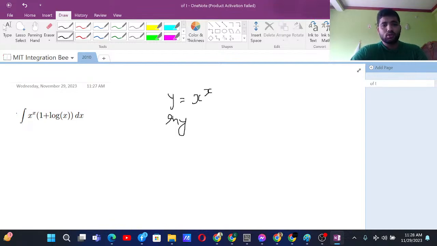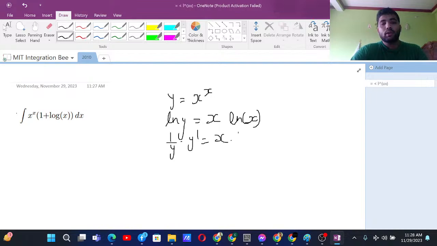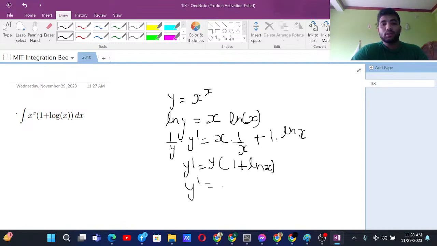So first of all, we can just take log on both sides. So we will have ln y equals x ln x. And then we can just differentiate: 1 by y times y dash equals x times 1 by x plus 1 times ln x. This is product rule. And then we will have y dash equals y times 1 plus ln x, and y is just x to the power x, so y dash equals x to the power x times 1 plus ln x.